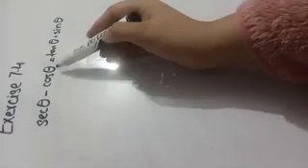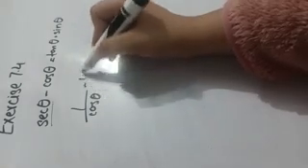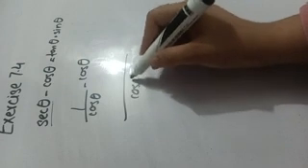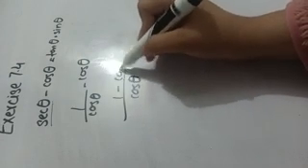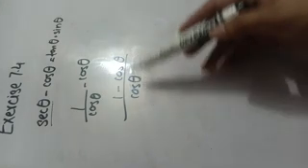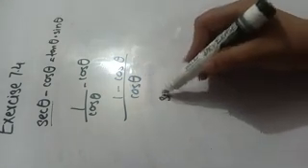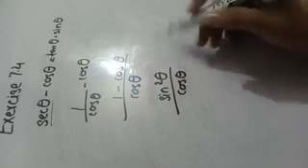So here put the value of secant theta. Secant is the reverse of cos theta, minus cos theta. Now taking the LCM of it, it will be 1 minus cos square theta over cos theta. So now 1 minus cos square theta is equal to sine square theta over cos theta.